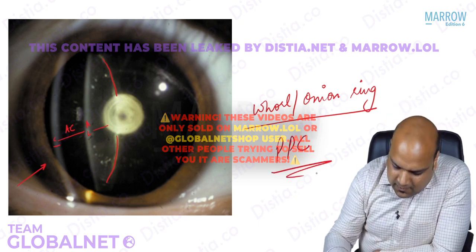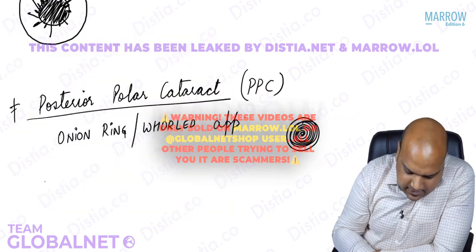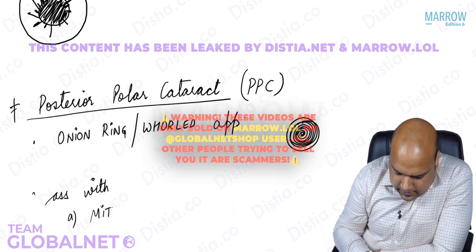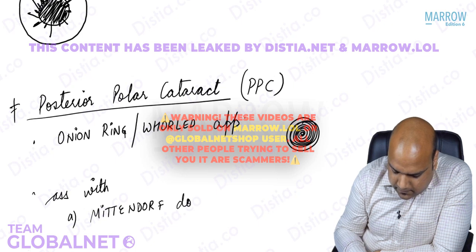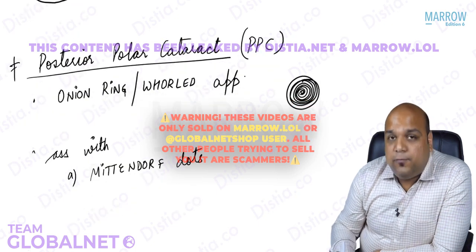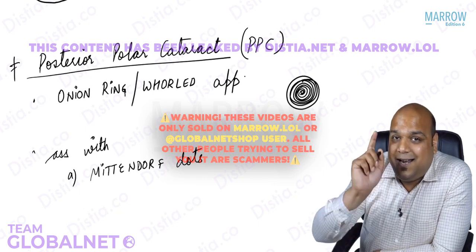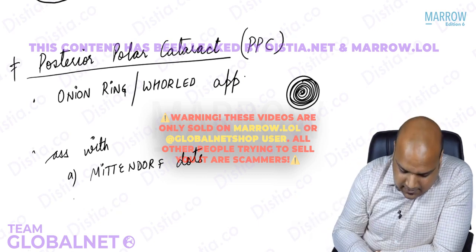Now, posterior polar cataract is associated with Mittendorf dots, which are remnants of tunica vasculosa lentis. Again, we have discussed about this in the anatomy videos, everybody. Yes.